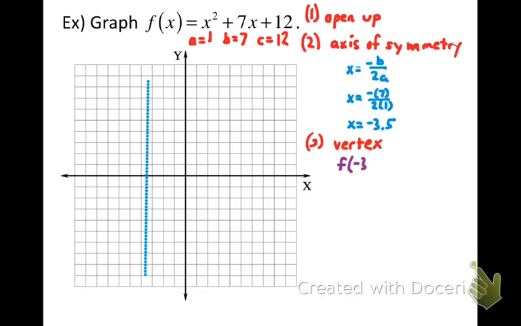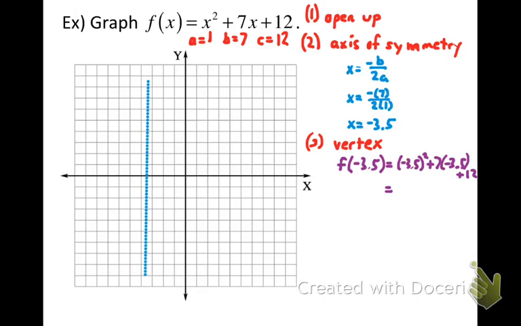In this case, that means we're going to find f of negative 3.5. So let's substitute negative 3.5 in place for x. That's going to give us negative 3.5 squared plus 7 times negative 3.5 plus 12.